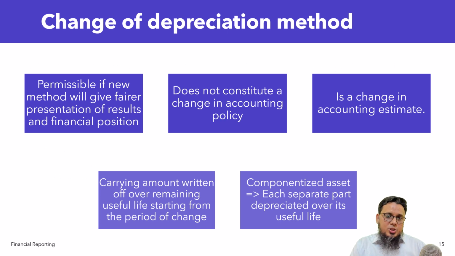Change of depreciation method. When we are talking about financial reporting, you have to understand this context and nuance, which I have because of my background in financial crime and fraud examination. Financial statement fraud is the most expensive fraud, as per the annual survey that the Association of Certified Fraud Examiners conducts.